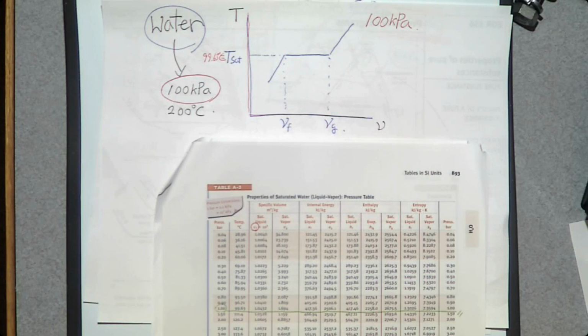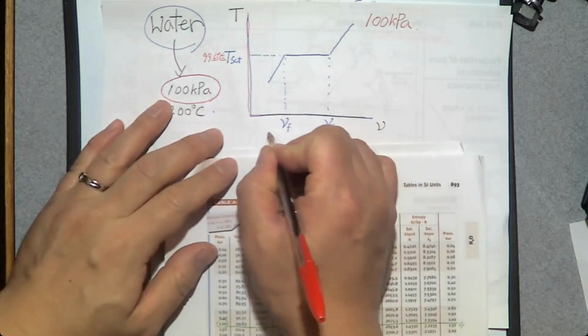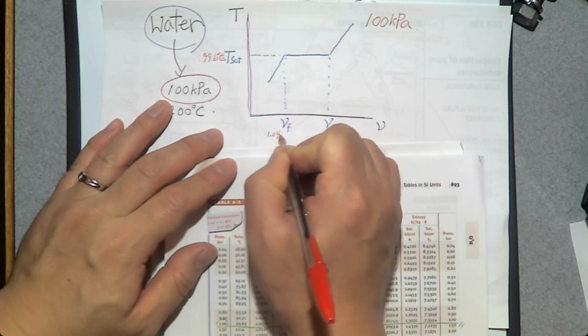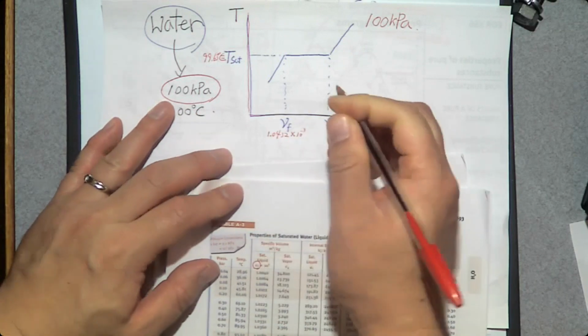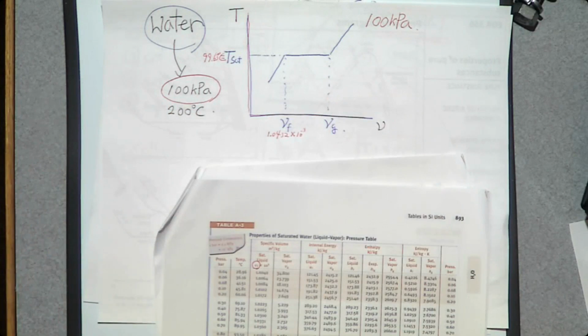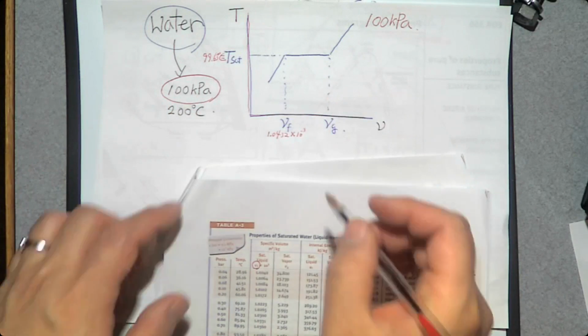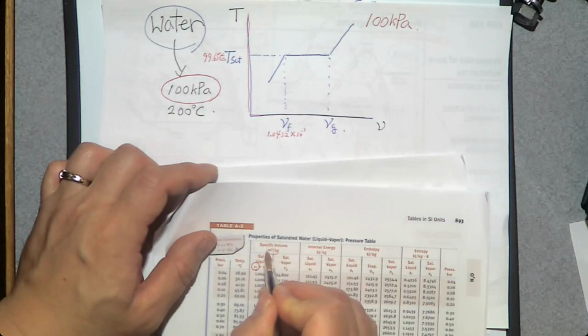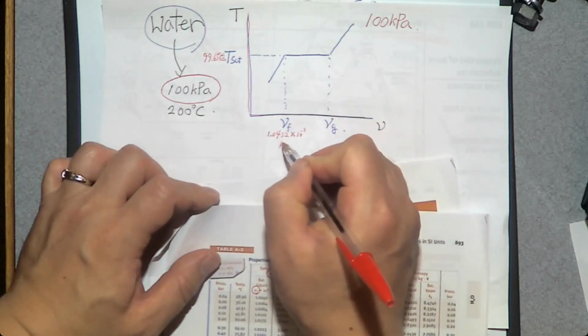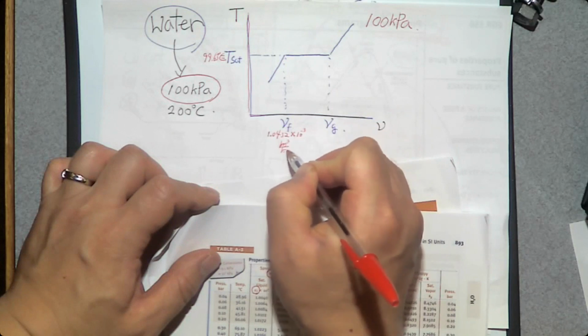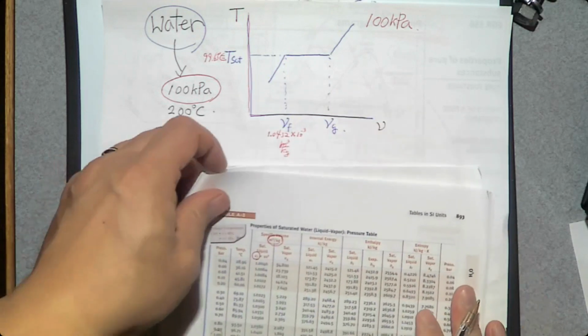Okay, so 1.0432 times 10 to the minus 3. So that is the specific volume of saturated liquid. What is the unit? The unit is here, cubic meters per kilogram.